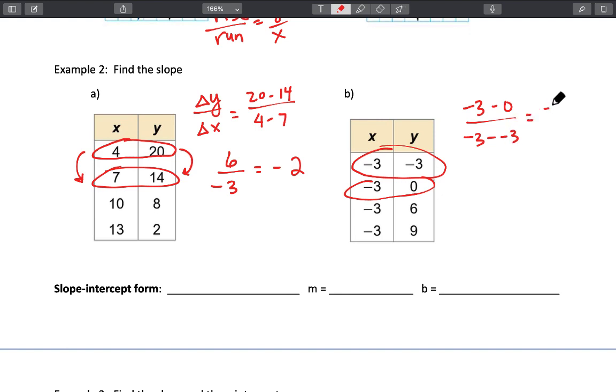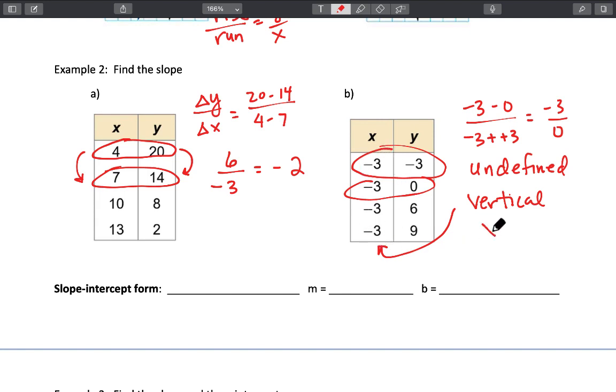Well, -3 minus 0 is -3, but -3 minus a -3 is 0. Now, I can't divide by 0. This is an undefined slope. And because it's an undefined slope, we know that this must be a vertical line.